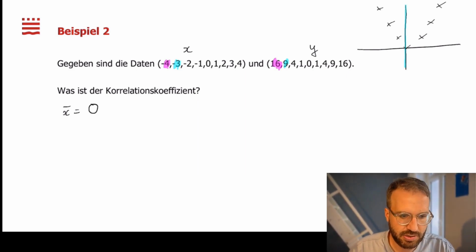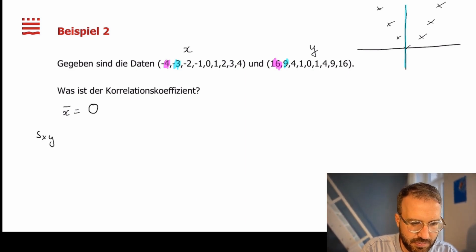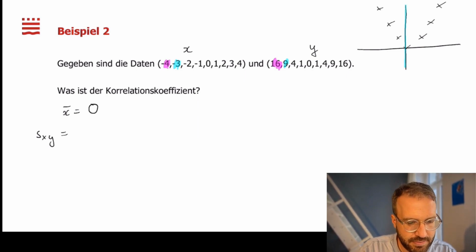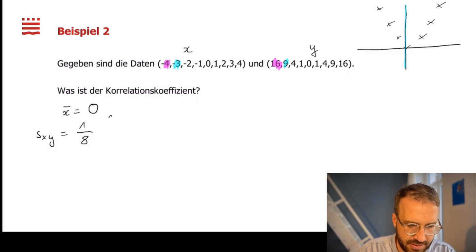And what we are going to do now is write the formula for the covariance, which is 1 divided by the number of values. Here we have 1, 2, 3, 4, 5, 6, 7, 8, 9 values, so 1 divided by 8.